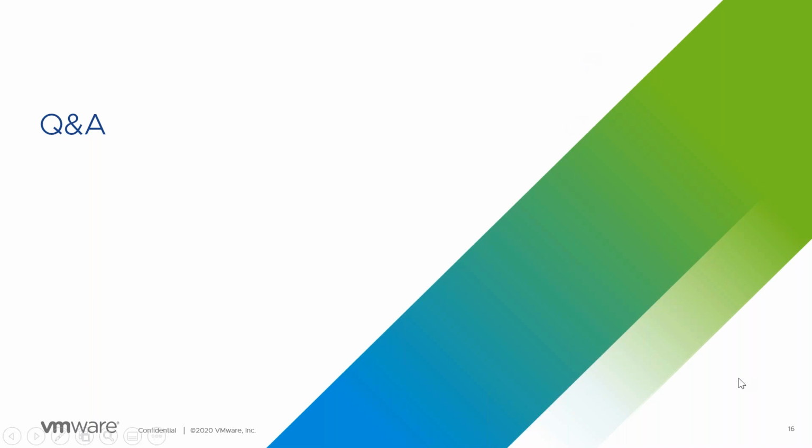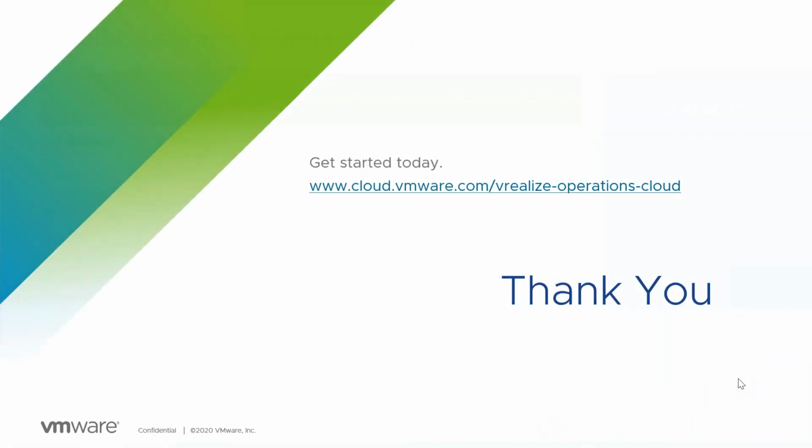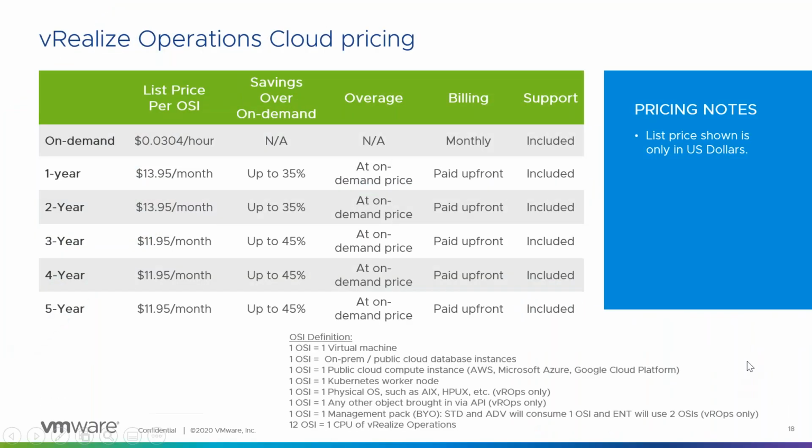I can. I have some information for you. And the way vRealize Operations Cloud is priced is the list price is per OSI. We have hourly on demand as well as annual. And you can have 1 and 2 years, which is $13.95. This is US dollars.